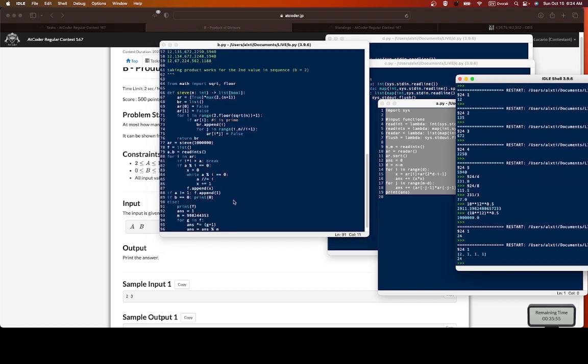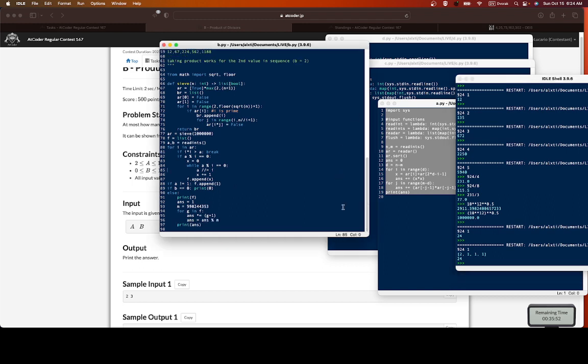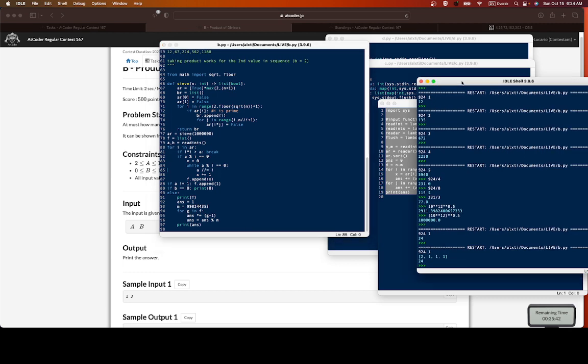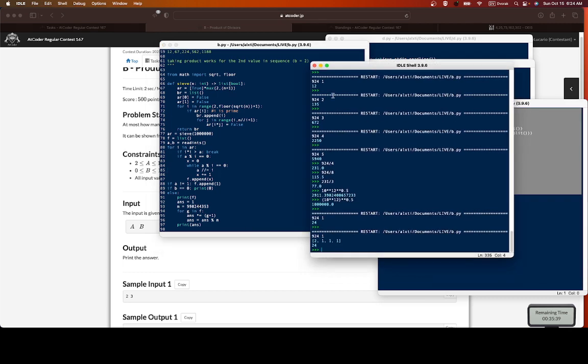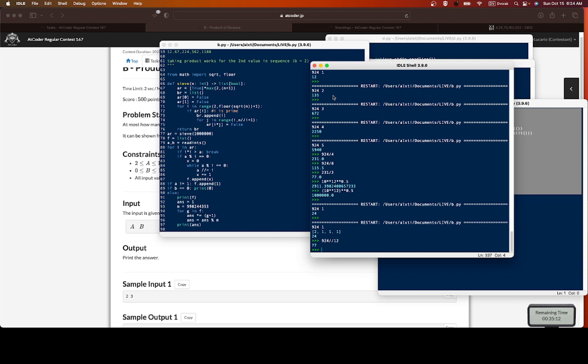And I forgot to include cases for B. Well, your prime factorization is 4 times 3 times 5 times 7. 924 divided by 12, 77.